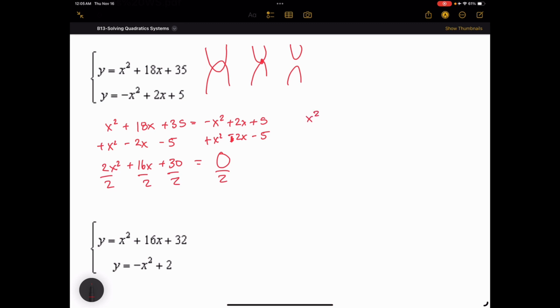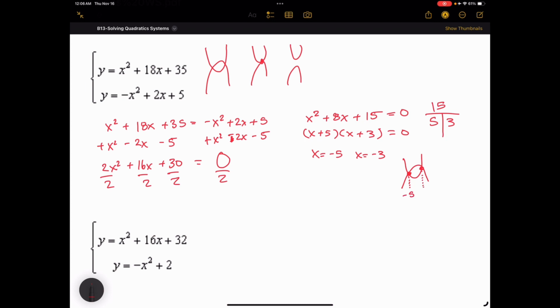So I'm going to get x squared plus 8x plus 15 equals 0. So multiples of 15 that add up to 8. 5 and 3 is what comes to mind. So the factors are x plus 5 and x plus 3. We'll see that x is equal to negative 5 and x is equal to negative 3. So the situation that we have is the two parabolas intersect at x equals negative 5 and x equals negative 3.